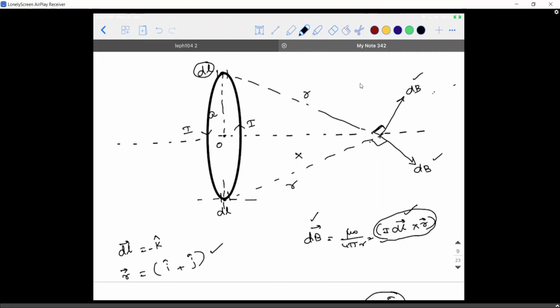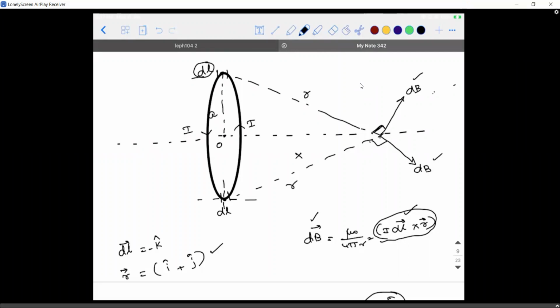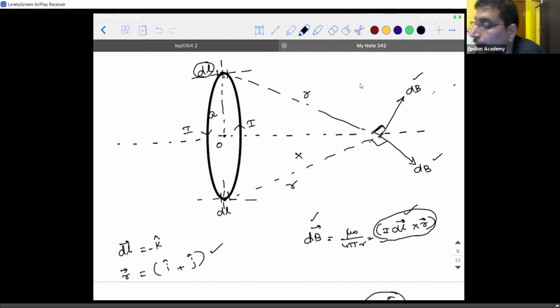So the point at which R is starting should be taken as the quadrant. Okay, this is the point. Okay, sir, thank you, understood, sir. Okay, yeah. So this is the dB vector.